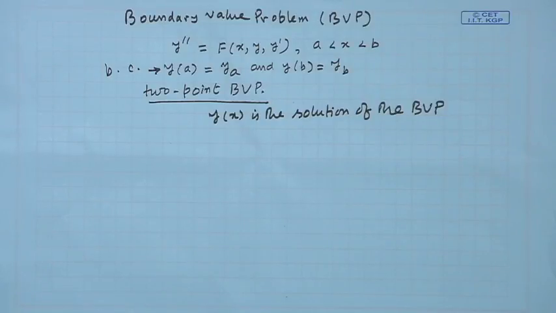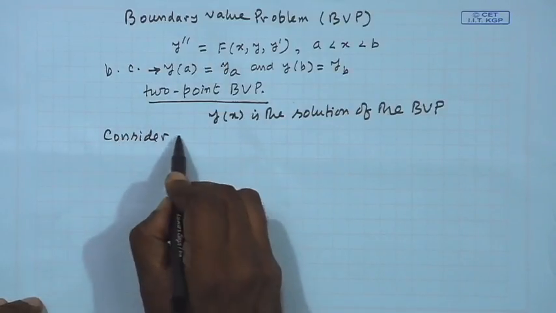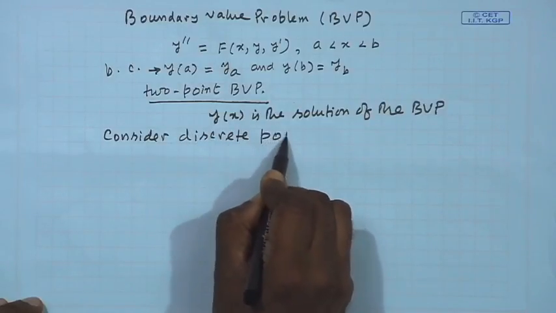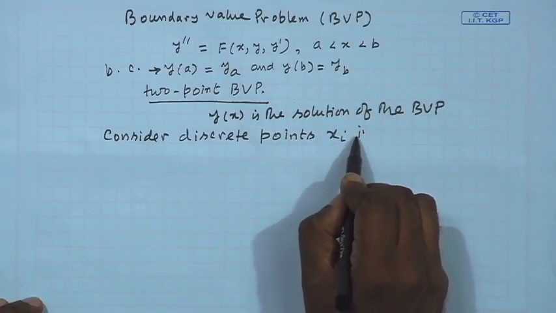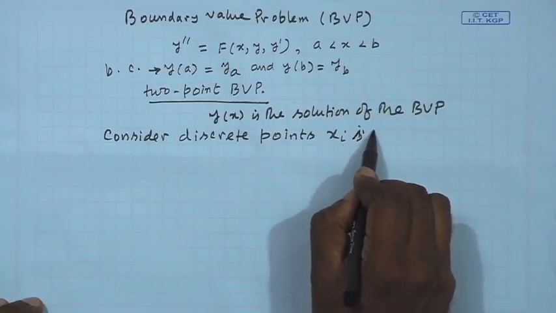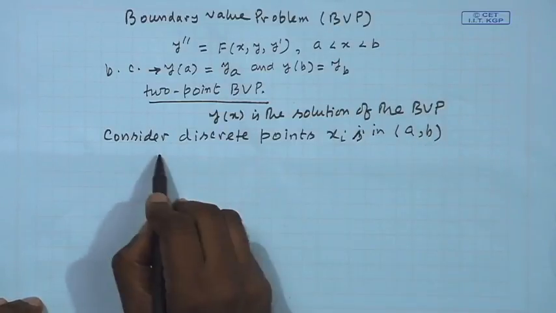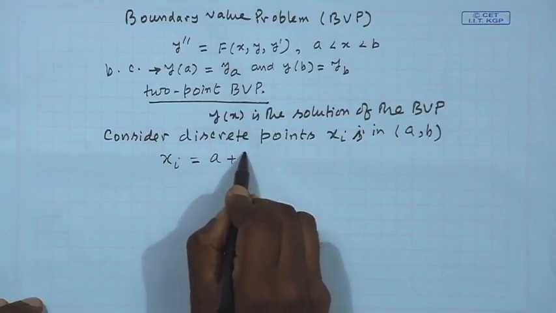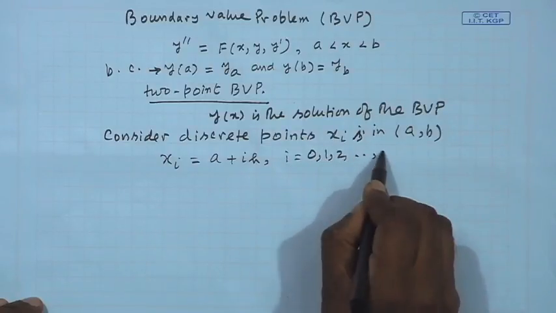So, what we do is consider some discrete points x_i in the interval [a, b]. Say, if these points are equispaced, we can choose x_i equal to a plus i h, where i is from 0, 1, 2 up to n.